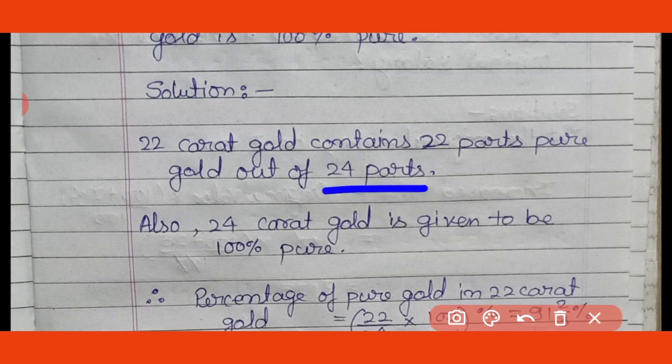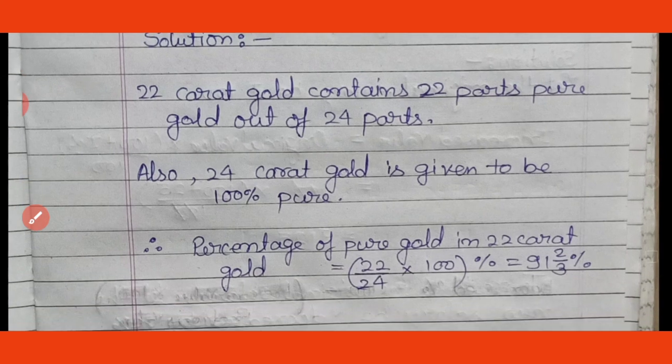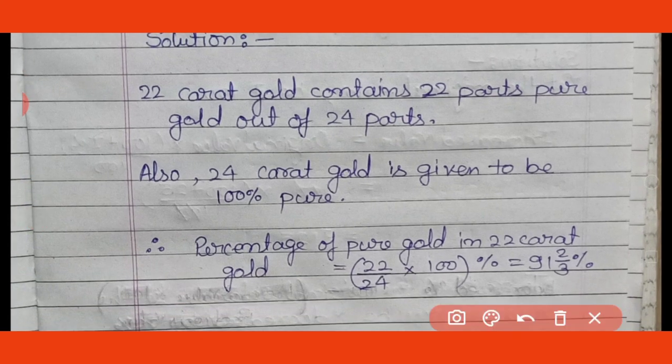So we represent the ratio of 22 carat gold and 24 carat gold and find out the percentage. We do 22 upon 24 multiplied by 100, and after the multiplication and division we find 91 2 by 3% is the purity of 22 carat gold.